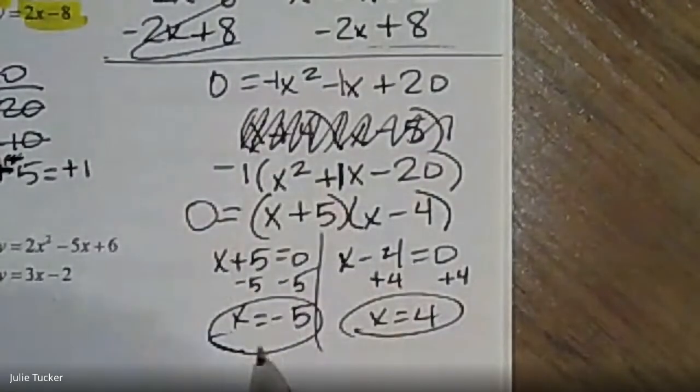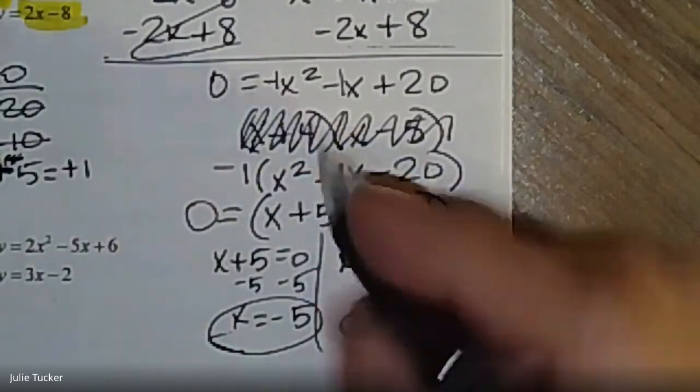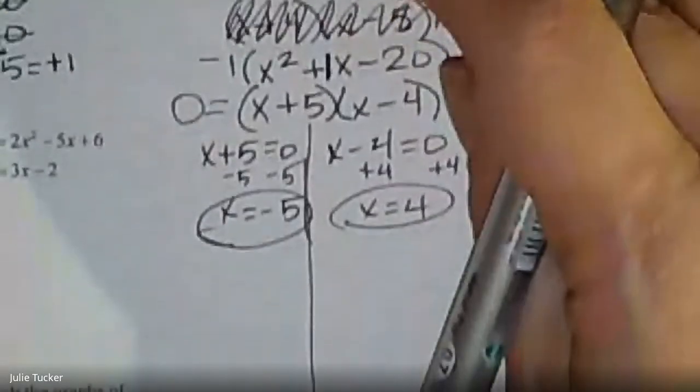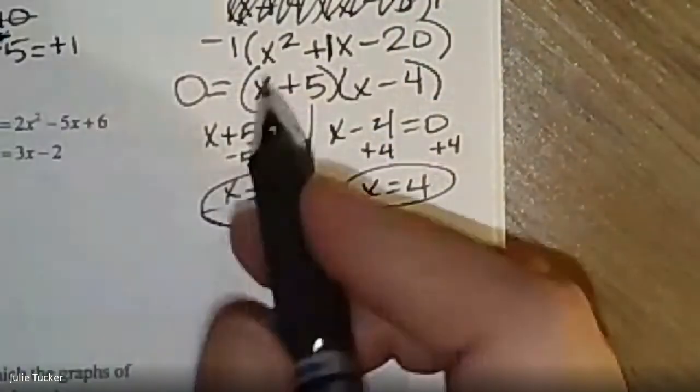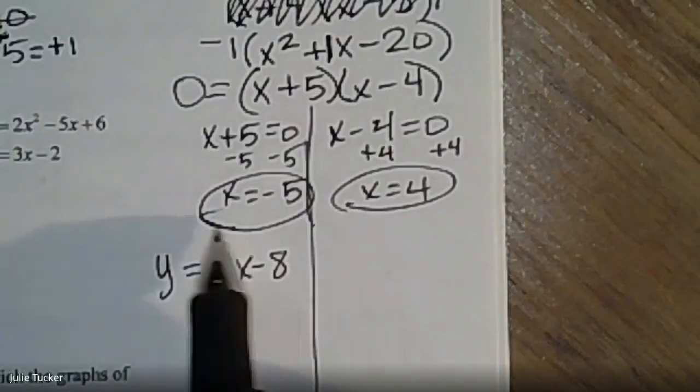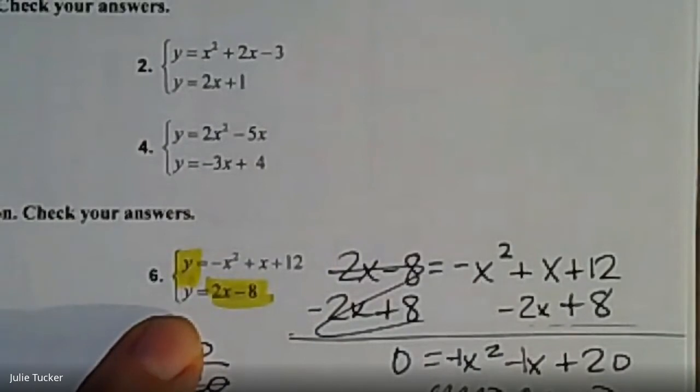So we have to get the y's that go with those x's. So now I'm going to just draw this down lower. The y equals equation for this problem is y equals 2x minus 8. Where I got this from is back at the beginning of the problem up there.